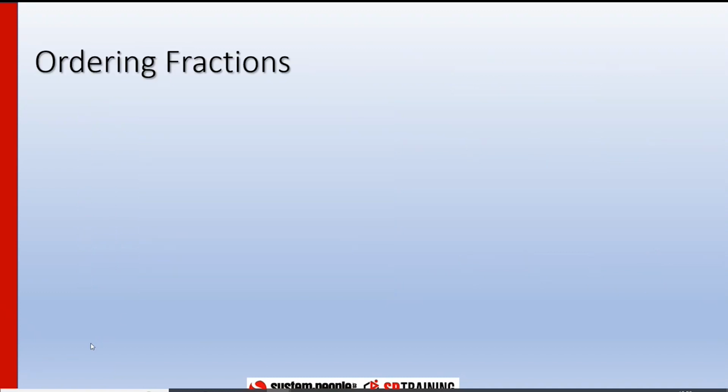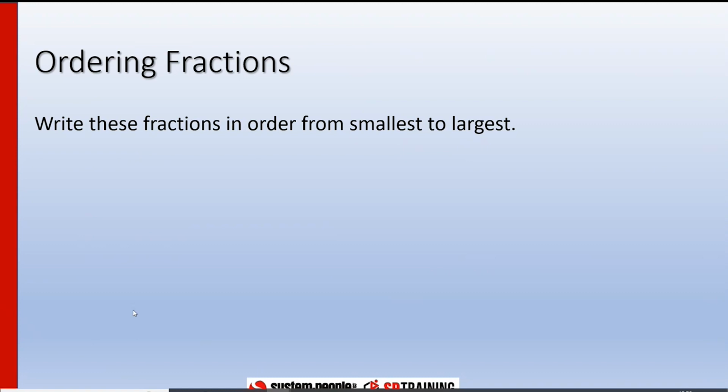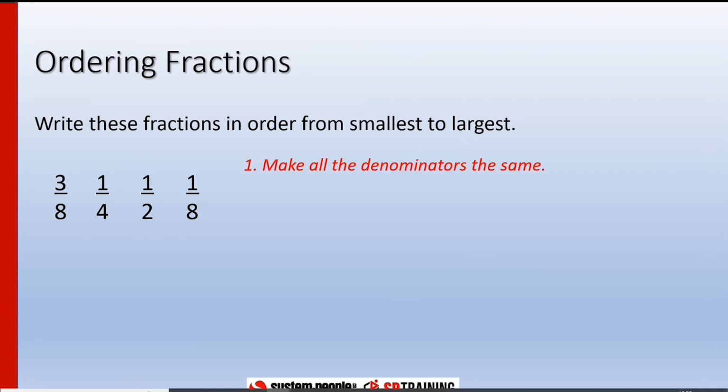But there's a more formal way when we're ordering fractions. If we were to write these fractions from smallest to largest, we've got 3/8, we've got a quarter, we've got a half, and we've got an eighth. And we're to put them in order from smallest to largest. One of the things we can do is make all the denominators the same. So we're looking for the lowest common denominator.